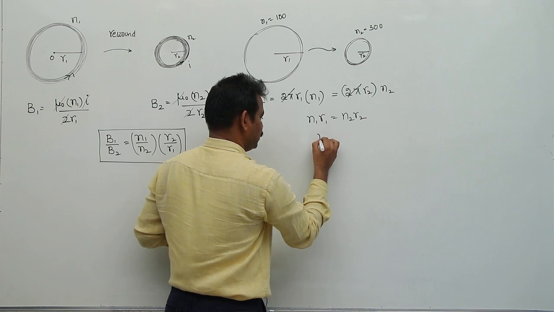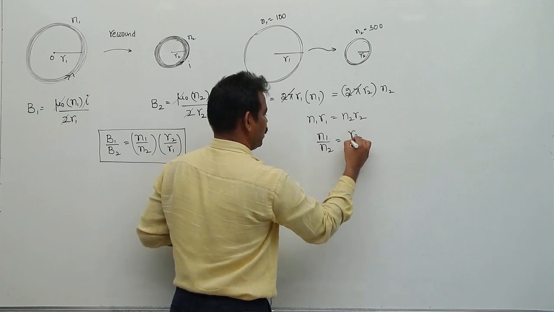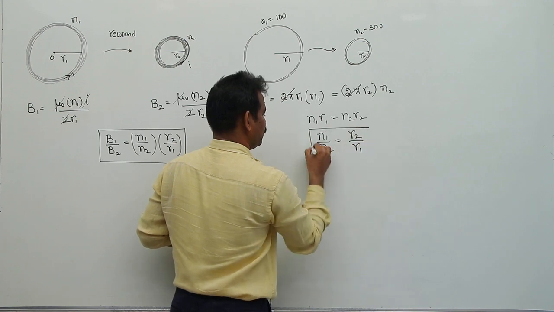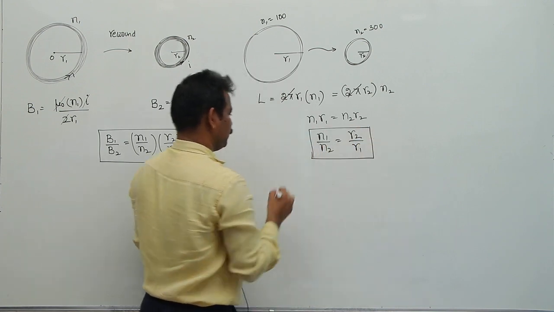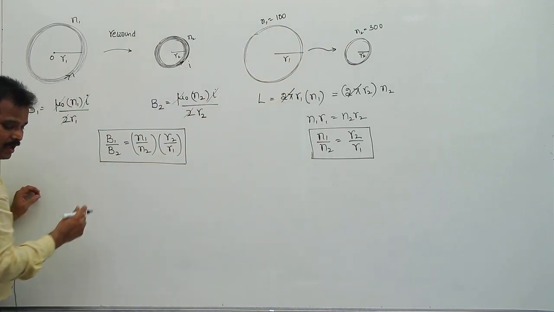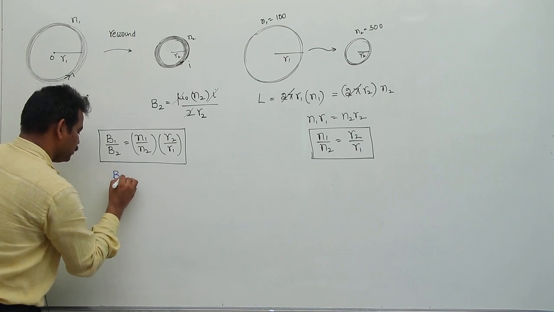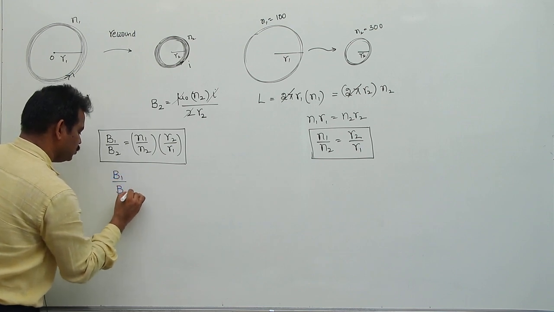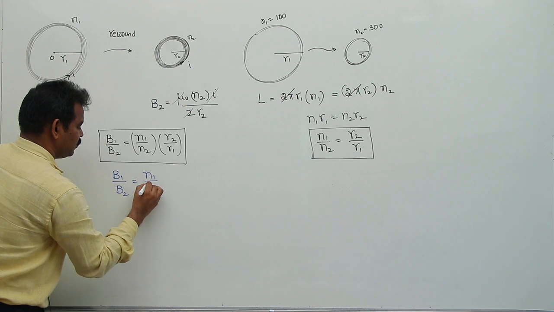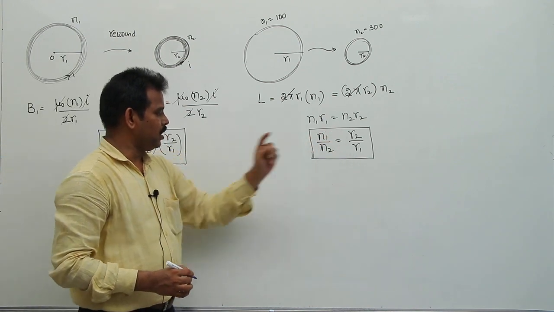So we can write N1 by N2 as R2 by R1. This is one more expression here. Now, if only the number of turns are given, you can use this formula. You can write B1 by B2 is equal to N1 by N2 into, what is R2 by R1?